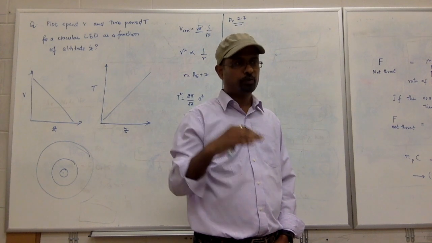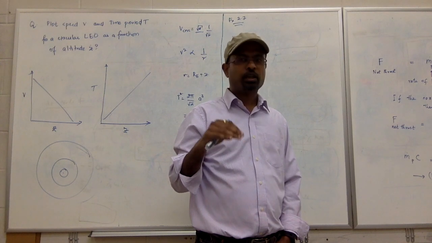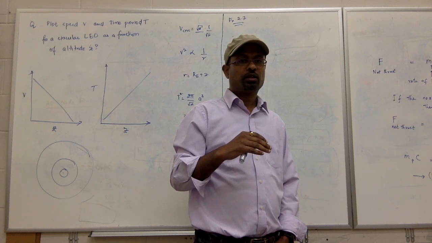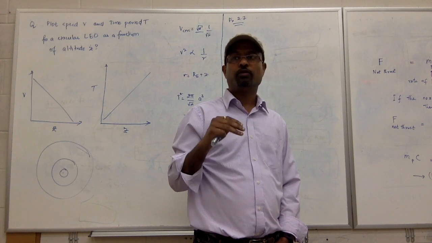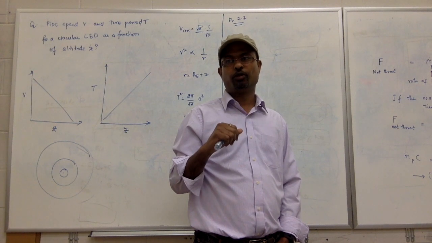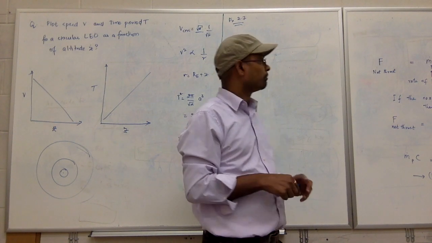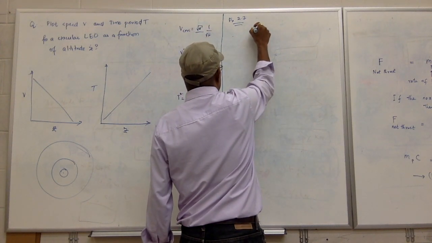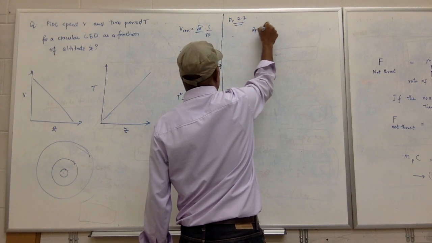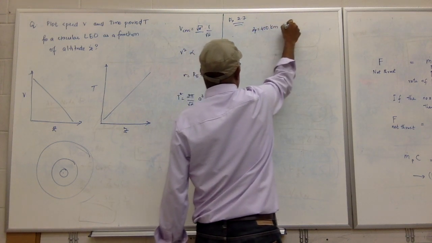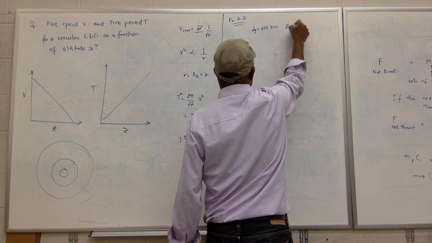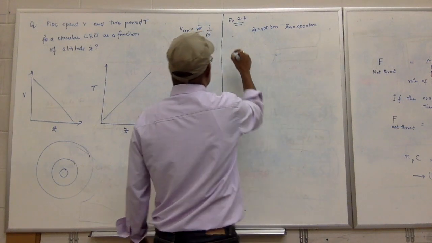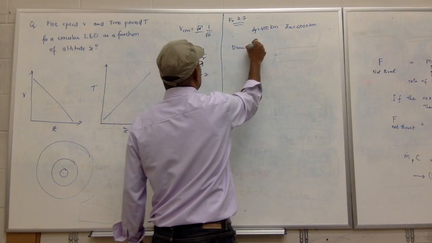Before I say find each of the following, if I tell you in an exam, draw this orbit and label the following parameters, can you do that? ZP is equal to 400 kilometers. ZA is 4,000 kilometers. Draw the orbit.